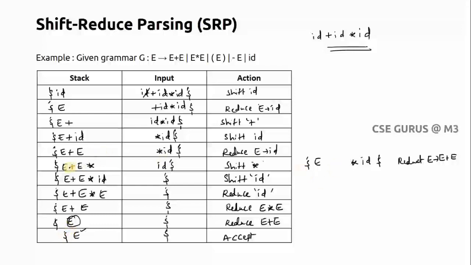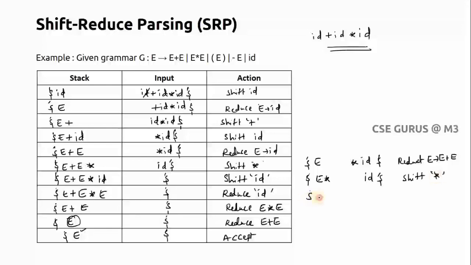Now if I go in this manner, here what you have taken E plus E, the star is shifted here, it will be like this, and next dollar, here E star should be taken, here ID will be remaining. Now shift star, that is shifted.